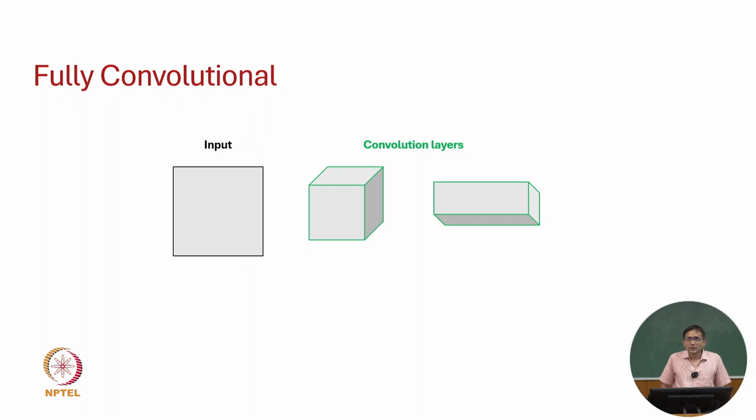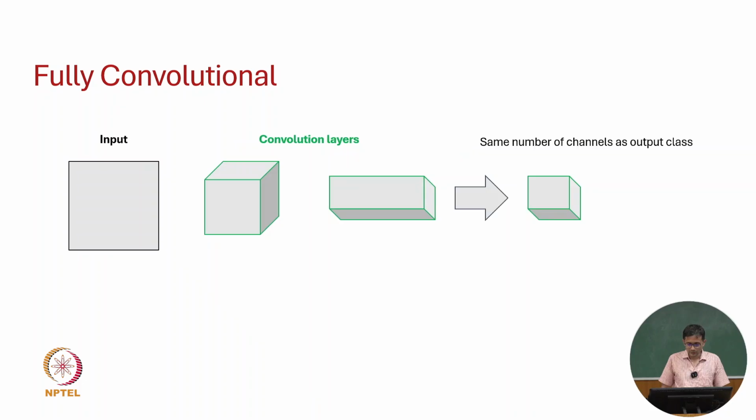Now, this is not all. We also need to obtain the same number of channels as our output classes, right? If that was all our goal, think a bit about this. Take a few seconds, pause: how could you obtain this if our goal was not really getting the spatial dimension back, but just to get the same number of channels as the output classes?